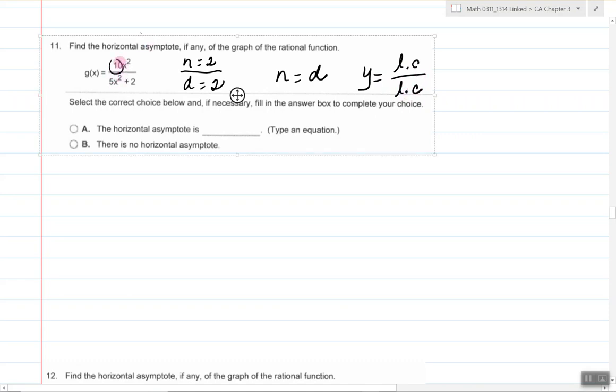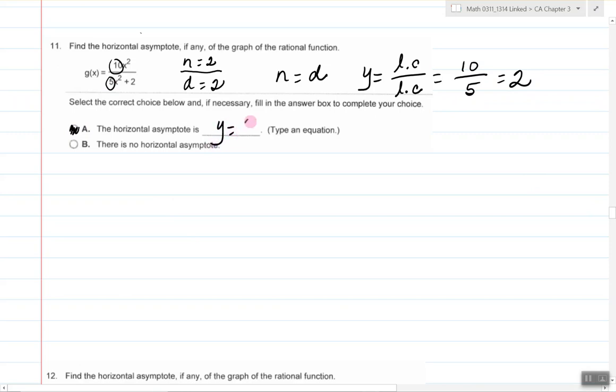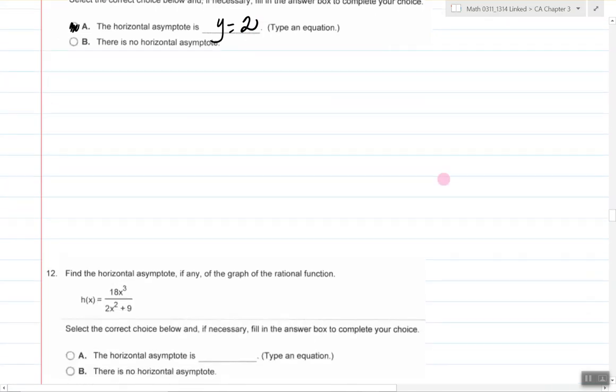The leading coefficient of the numerator is 10. The leading coefficient of the denominator is 5. That reduces to 2. The horizontal asymptote is y equals 2. Sometimes this will be a fraction. Sometimes it will be negative. But it is leading coefficient over leading coefficient.